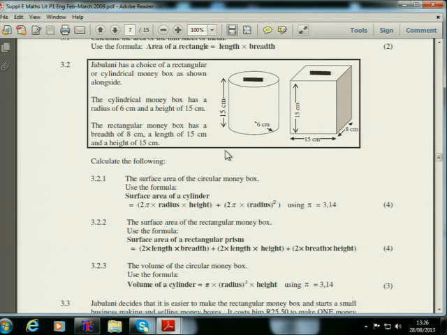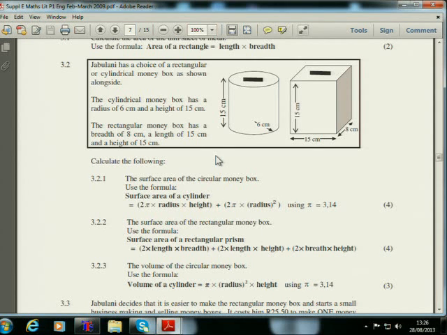So we are again going to use the given formula there, which is 2 multiplied by the length multiplied by the breadth, plus between brackets 2 multiplied by the length multiplied by the height, close your bracket, plus 2 multiplied by breadth multiplied by the height.